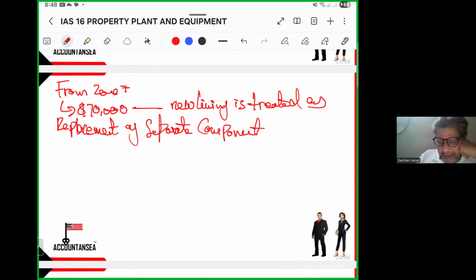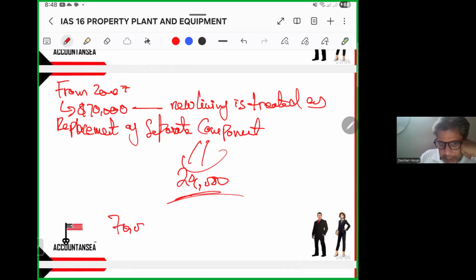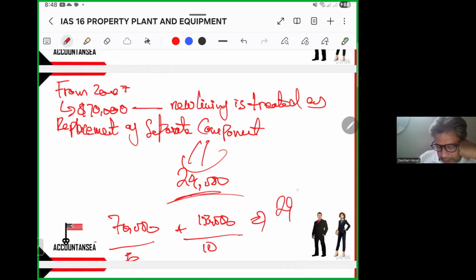So the annual depreciation will now be how much? 29,000. How? See, 70,000 divided by 5 years plus 150,000 divided by 10 years. So it will be 29,000. So far, so good.